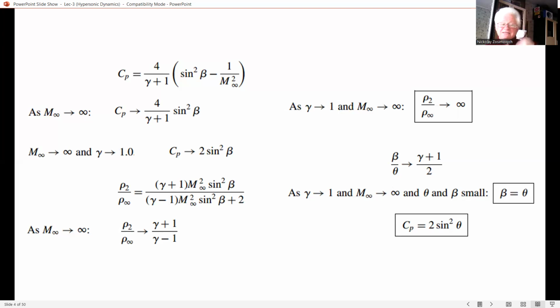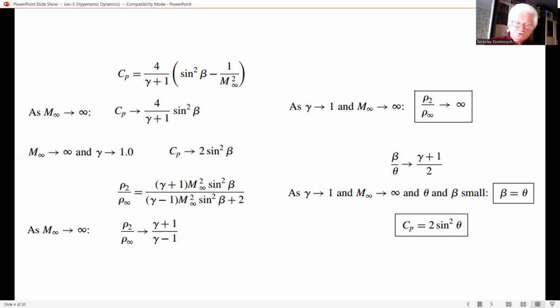Now, take the additional limit: in addition to the very high Mach number, gamma goes to 1. In both these limits, we have that Cp becomes 2 sine squared beta. And this equation is a result from exact oblique shock theory.